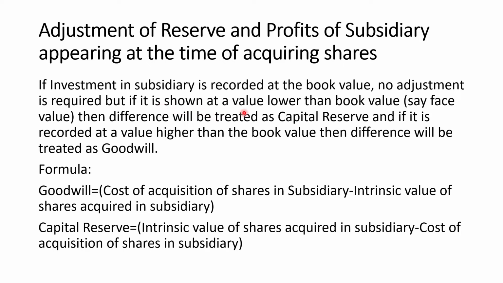But if it is shown at a value lower than the book value, say face value or any other value which is lower than the book value, then the difference will be treated as capital reserve. And if it is recorded at a value higher than the book value, then the difference will be treated as goodwill.